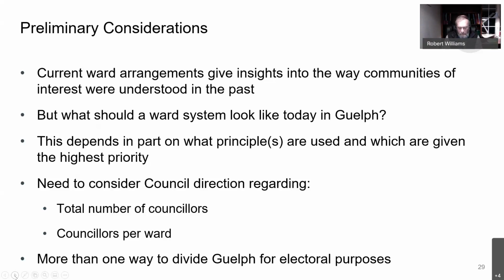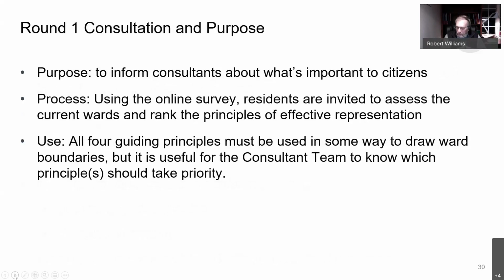I think the main conclusion that can come out of this, of course, is that there's more than one way to divide Guelph for electoral purposes. There was the 1991 way to do it. There'll be a 2021 way to do it, but there may also be successful versions that could take us out to 2031.